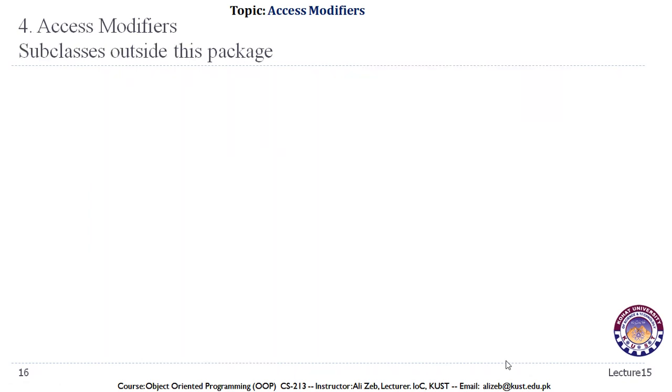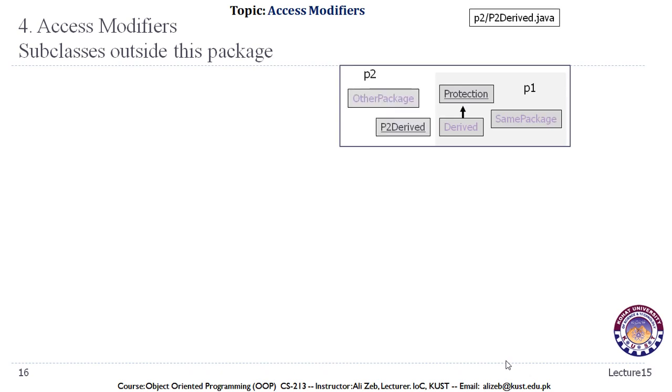Now let's look at how we can access from the subclasses that are outside of this package class. So we have the same package P1 that has a class protection, and we have another package P2 that has a class P2 derived. Now the P2 derived is a subclass of the protection class, although they are in different packages.